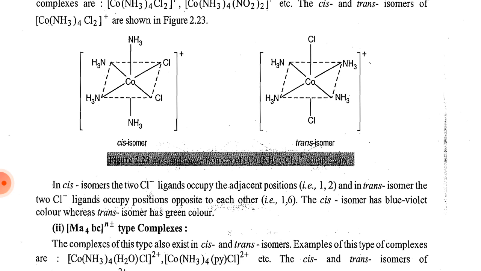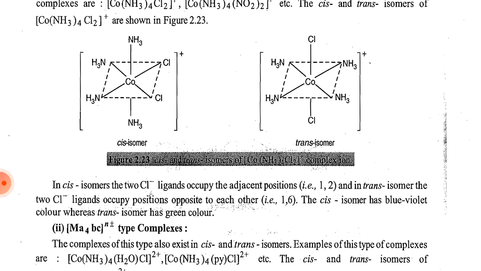So what is the difference? Here the number of ligands is the same. The same types of ligand atoms are there. What is the difference? See here, in the cis form, the ammonia ligands are adjacent to each other, and the chlorine ligands are also cis to each other, adjacent to each other.